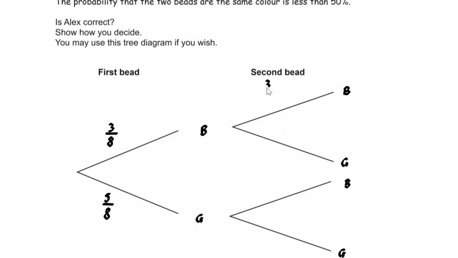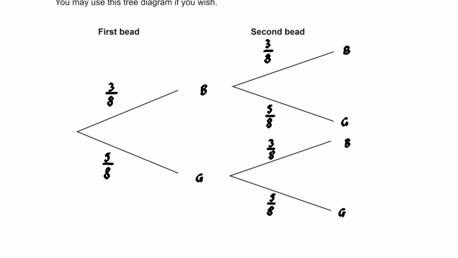So we've got 3/8 which are blue, 5/8 which are green, as we see here. So we've got blue and blue, then we've got green, and then green.